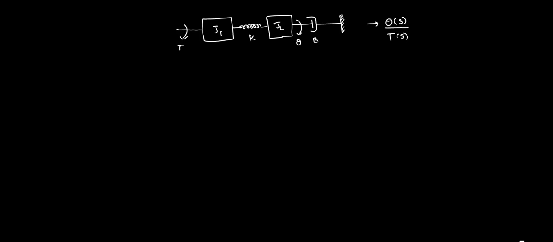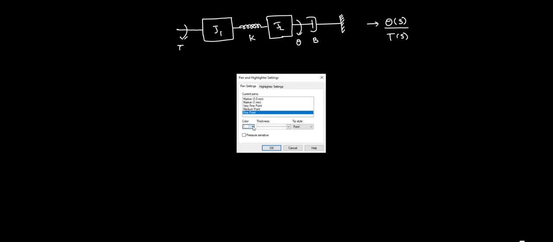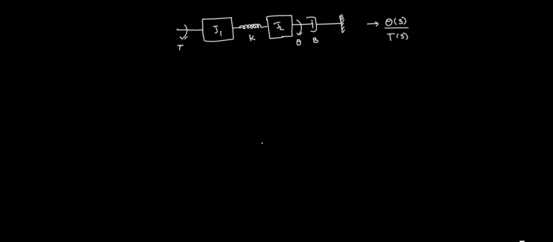Now let us write down the step-by-step equations to solve this. Just like the free body diagram of a mass, we'll write the same sort of diagram here and then solve it. I'm breaking it into two parts so that I can solve it.